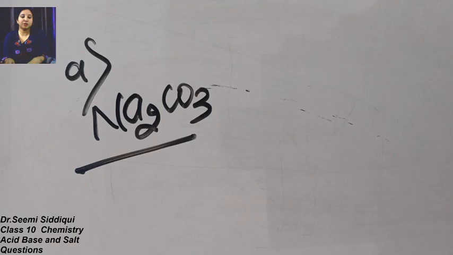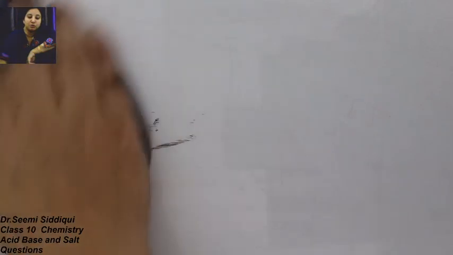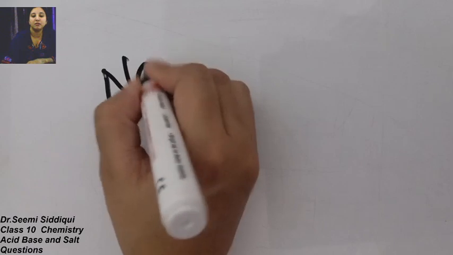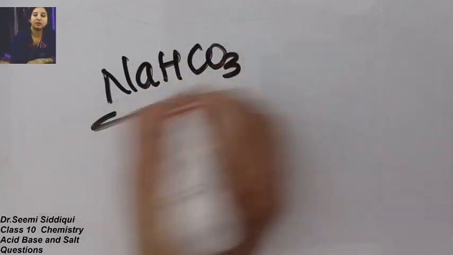The next question is: a compound X of sodium is commonly used in the kitchen for making crispy pakoda. It is also used for curing acidity in the stomach. What is its chemical formula? You are all very familiar that we use sodium bicarbonate in the kitchen.